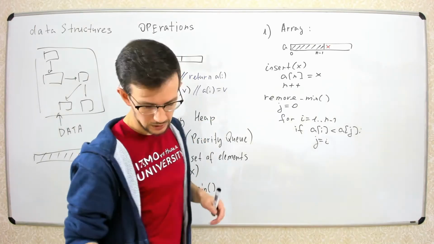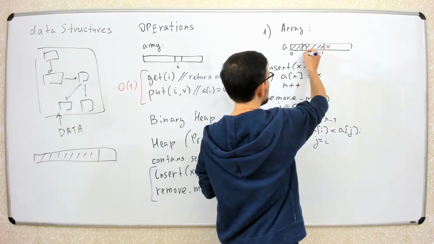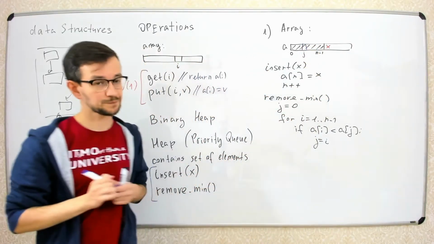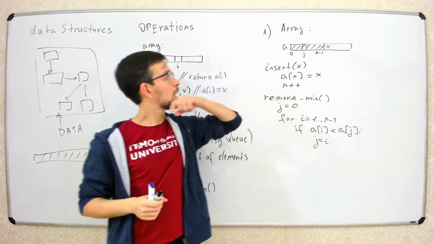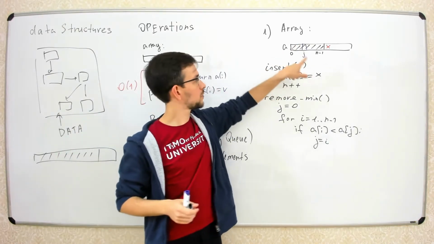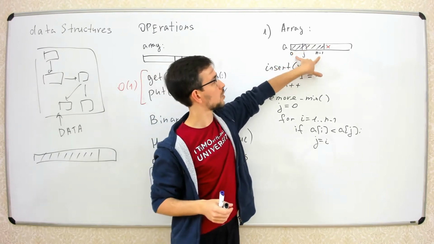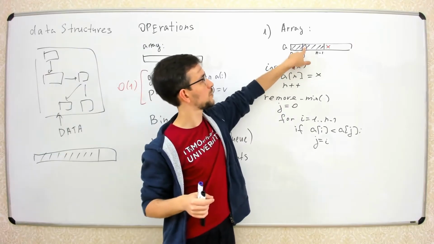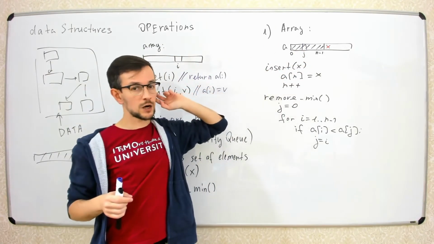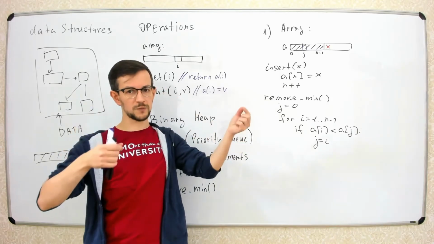So now we found the minimal element in the array. Let's say it's somewhere here. Now we need to remove this element from the array. And when we remove this element, there will be a hole here. We want always to keep all elements close to each other. To fill this empty space, we can, for example, swap this element with the last one.